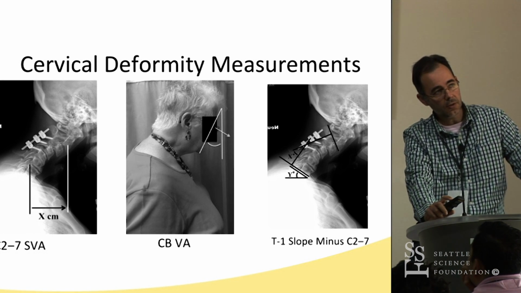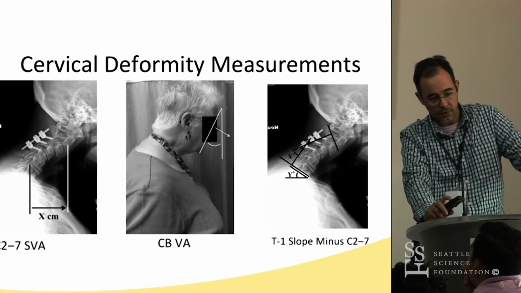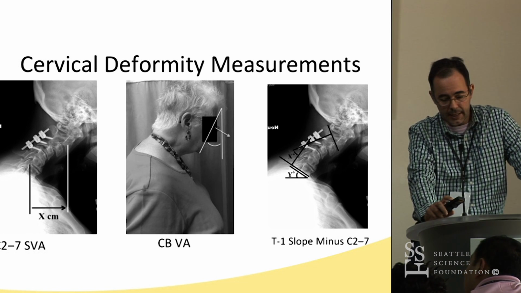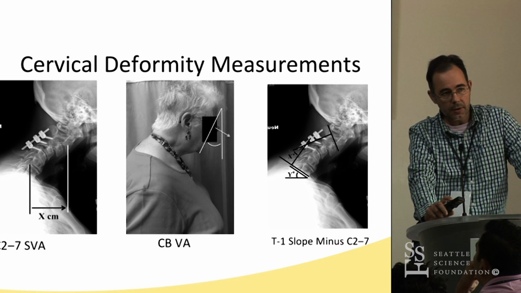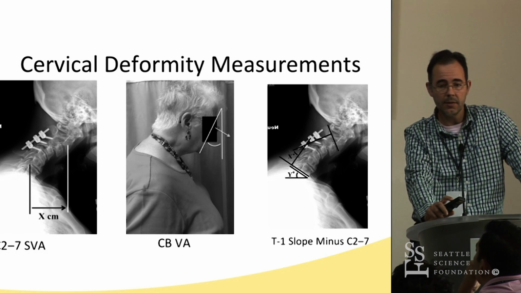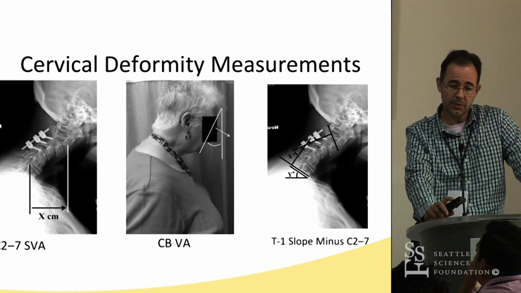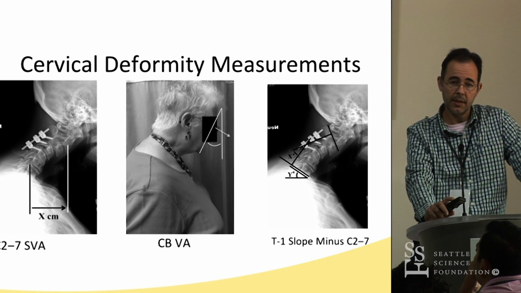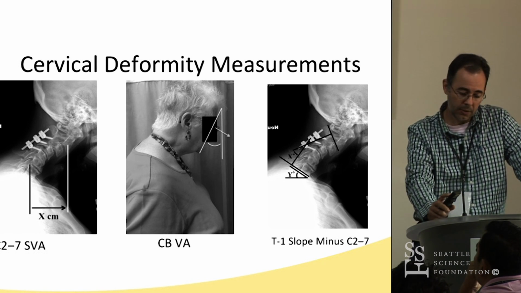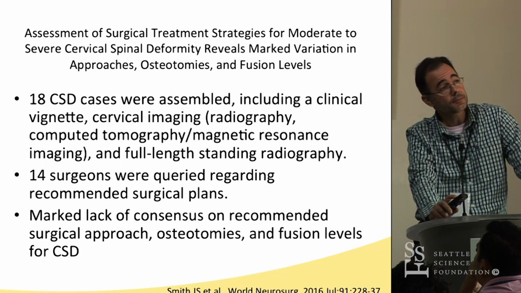So all of these things are going to be incorporated into this classification scheme, and the degree to which these things have been corrected will be a mechanism through which we can assess how good patients have done after surgery, and especially in the correction of deformity.